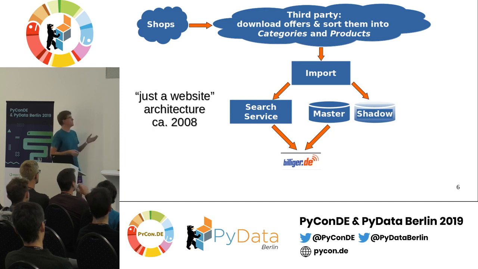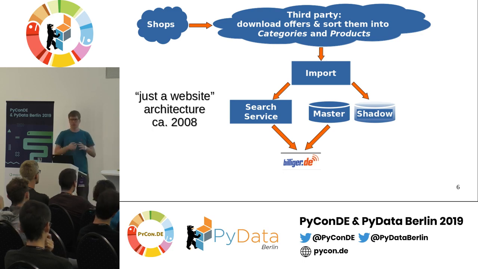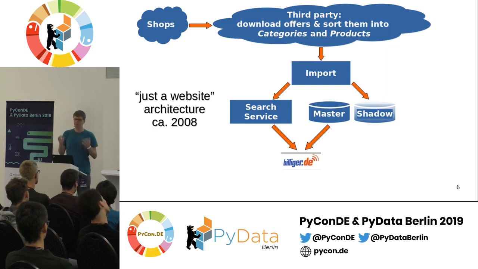So what's this about? Back then, the architecture looked like this. The import needed to be complete until you could use the imported data. So they imported data into this shadow database. And then when the import was done, they just switched the master and the shadow. So the master became the shadow, and the shadow became the master. And then all the data on billiger.de was current.